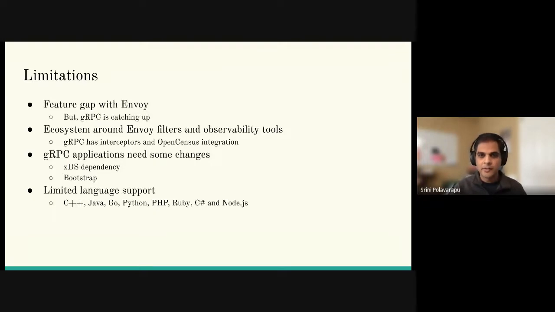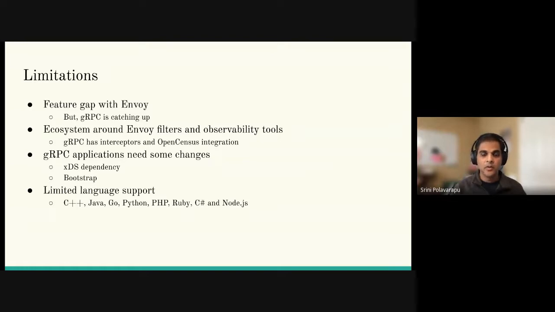And the obvious one is that mature proxies like Envoy are very feature rich, and they have a good ecosystem of third-party filters and tools, especially in the area of observability. But gRPC is also catching up quickly. We are rolling out more and more features.